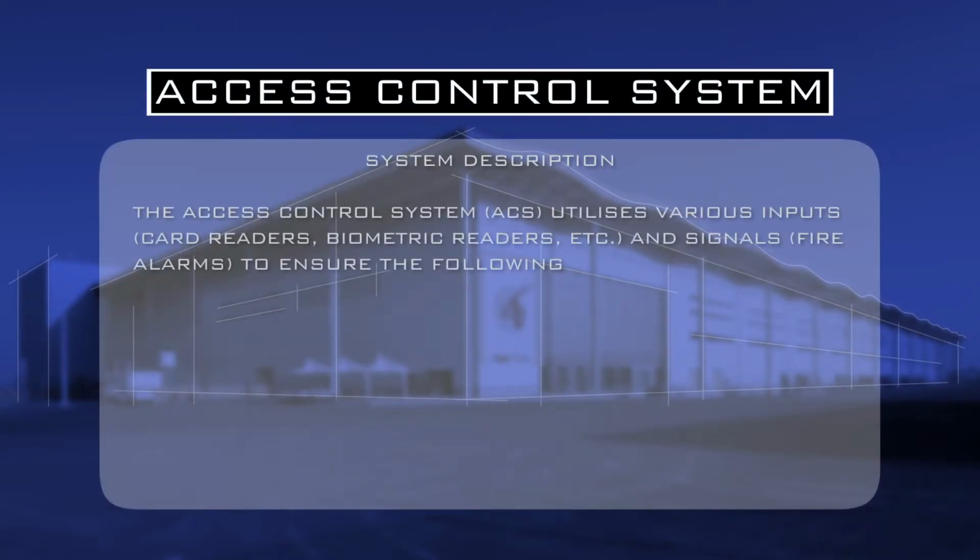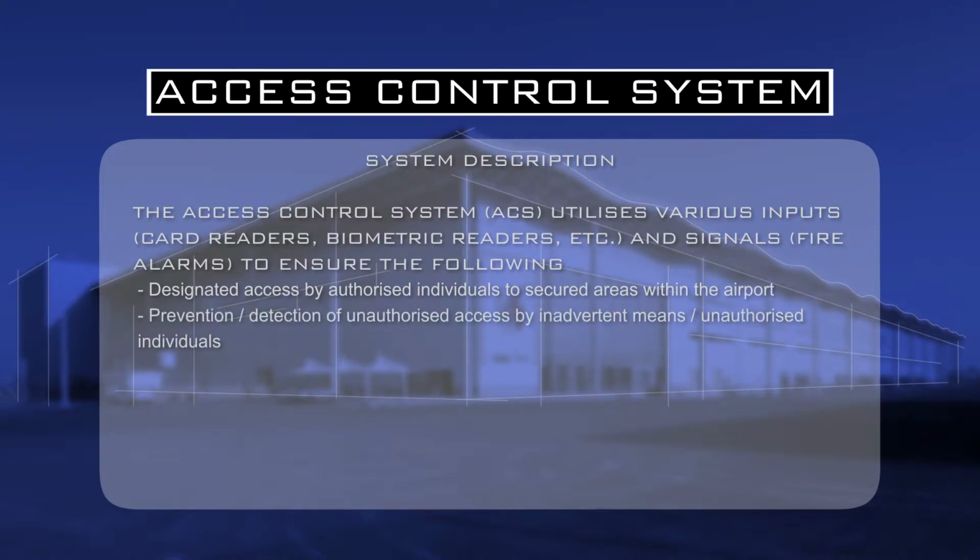The Access Control System, or ACS, uses various inputs such as card readers, biometric readers, etc., and signals such as fire alarms. It ensures only authorised individuals are given designated access to secured areas within the airport. It prevents and detects unauthorised access.